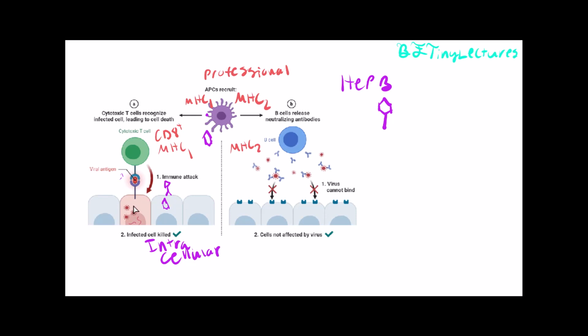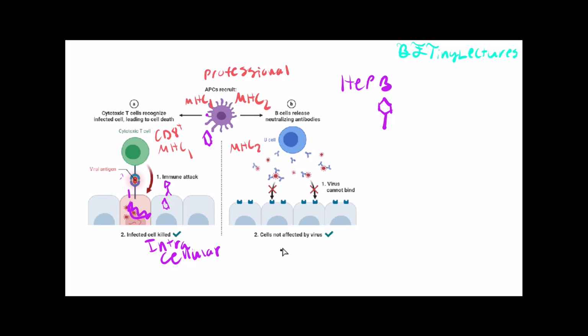And here in this example, this cell presented with the hepatitis antigen. And because it presented with the hepatitis antigen, the cytotoxic T cell is going to induce apoptosis on the cell, and it destroys this cell. It prevents the virus from replicating. And that is the intracellular response.